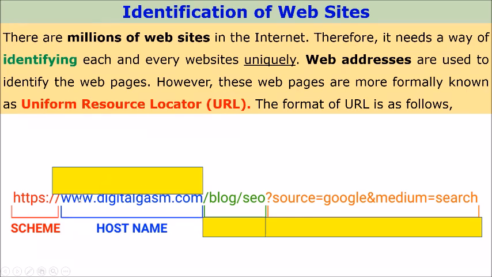The host name also has three parts. These three parts are separated by a dot symbol. Here www dot, then digital GASM dot, then another extension here, COM.